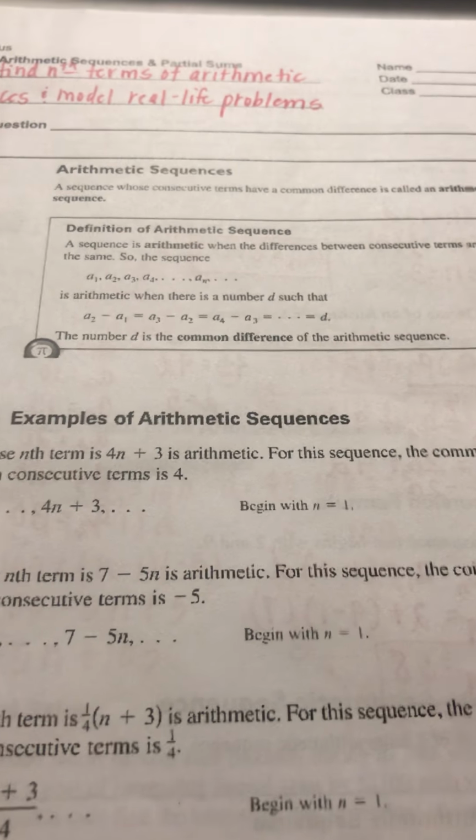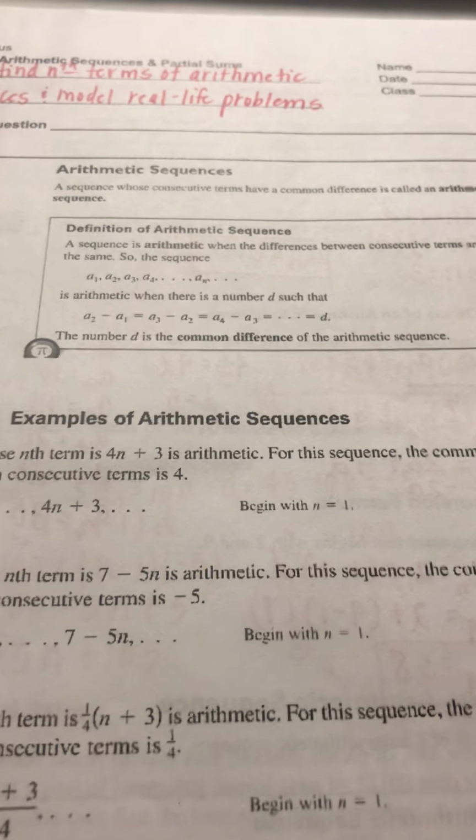So I'm going to use this formula that we just did, except I don't know what A1 is. But we're going to put A13, because that's the ending term that I have, equals A4. And the difference between 13 and 4 is 9 spots. So I'm going to write 9D.